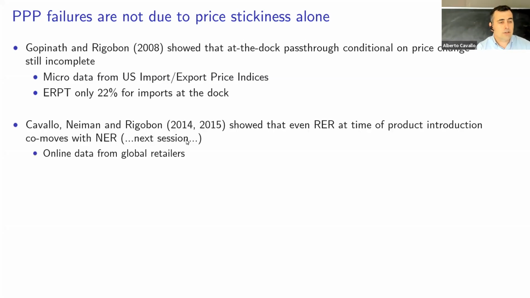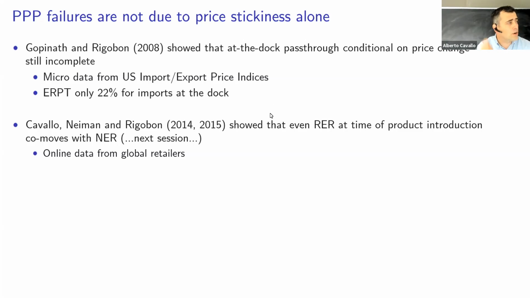So I'm going to talk later on about the paper Brent and I, together with Roberto, worked on that went into this literature. But I just want to point it out here because essentially what we found was that even at the time when you introduce a new product and the firm has the ability to change the price and sell it as it wants, even at that point, we found this big co-movement between the real exchange rate and the nominal exchange rate.